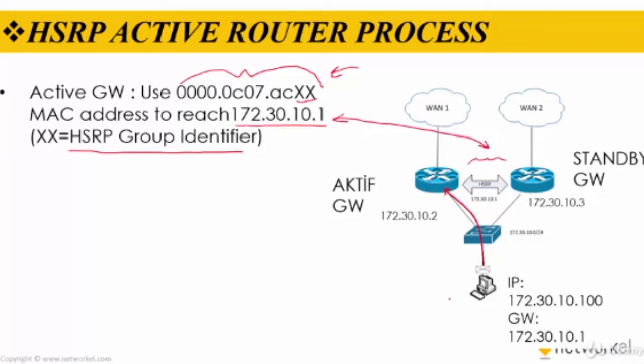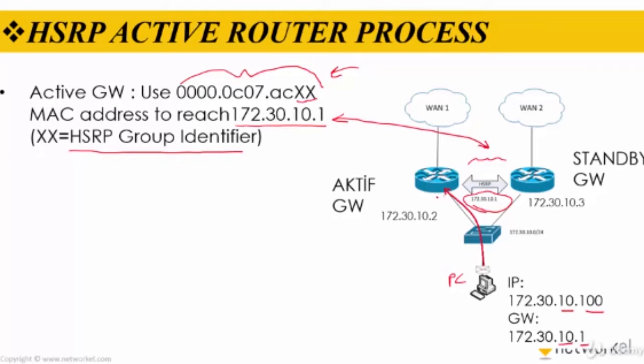Let's talk about the topology now. We have a PC in here, which has an IP address of 10.100. The gateway address of the PC is 10.1, and please pay attention that that's the HSRP IP.